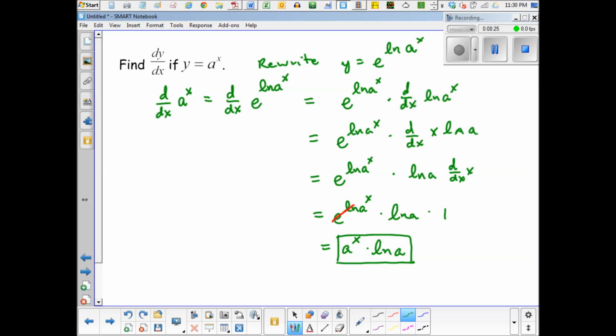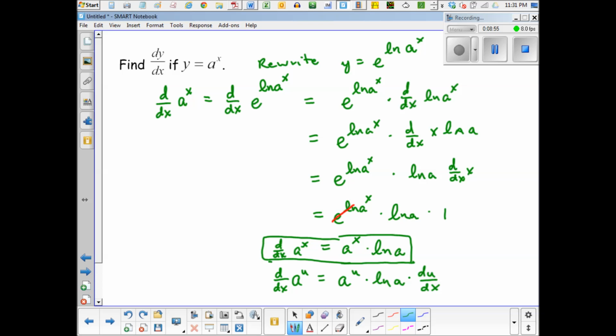Okay, so this is the derivative of a to the x. And the chain rule is d dx of a to the something equals a to that something times ln a times the derivative of that something.